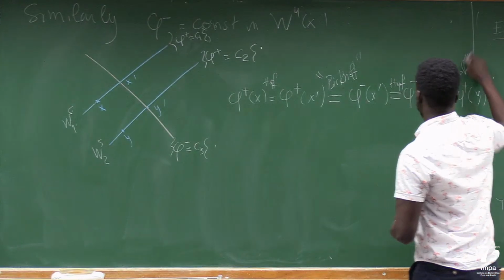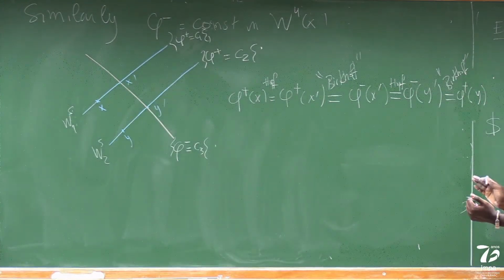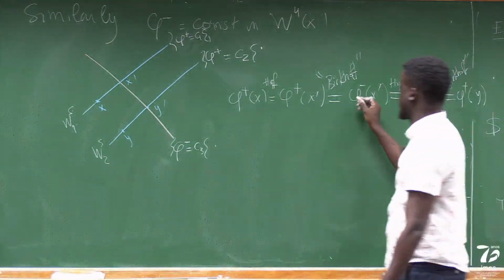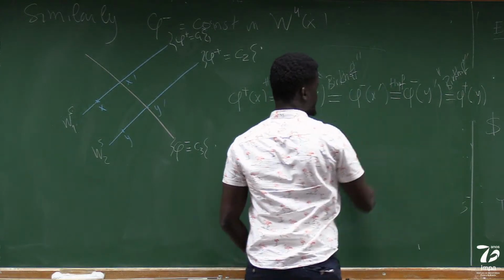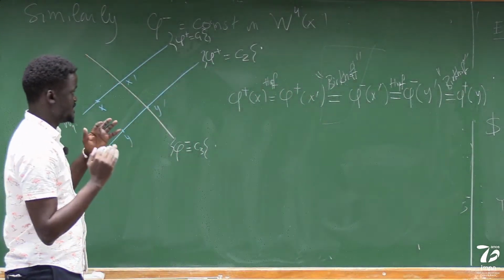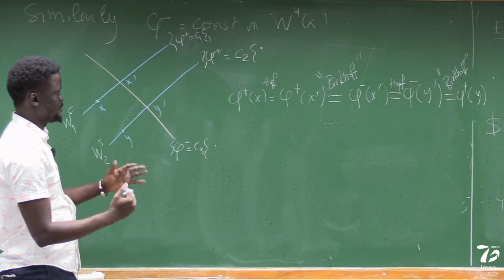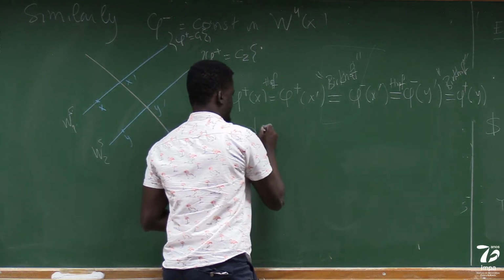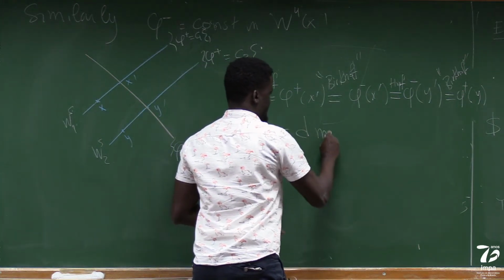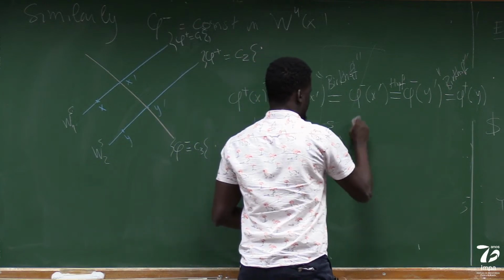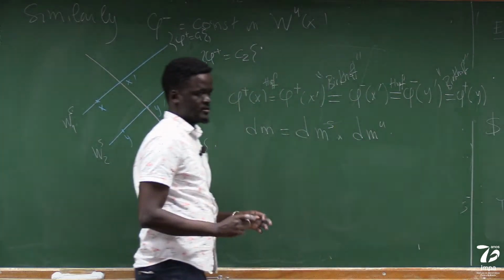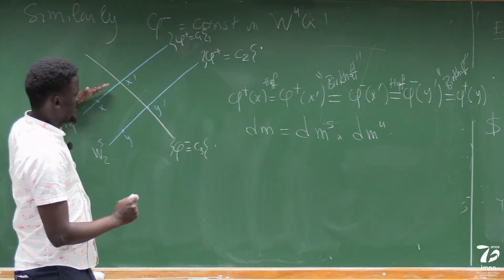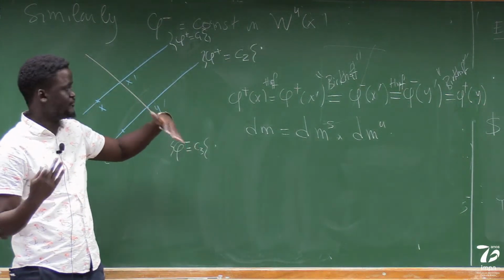It's not only Birkhoff. This part here is not exactly Birkhoff. It's using the fact that you can decompose Lebesgue measure dm as dm_s times dm_u, into measures on stable and unstable leaves. It's just like a Fubini type of theorem.